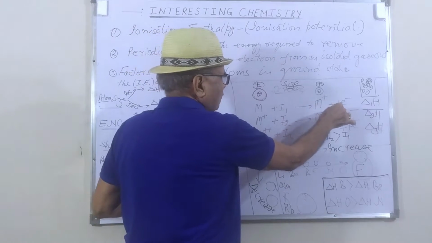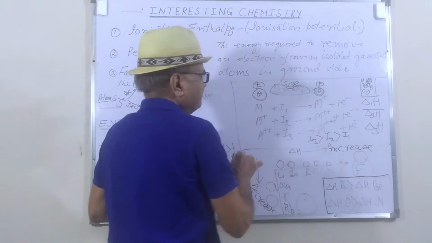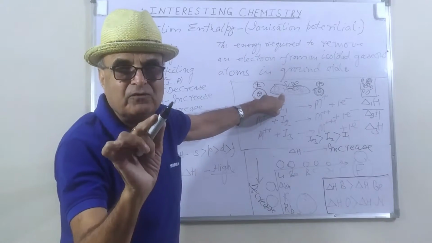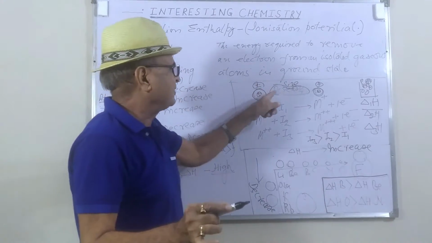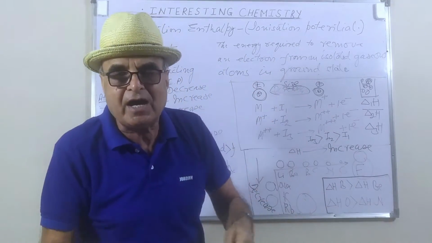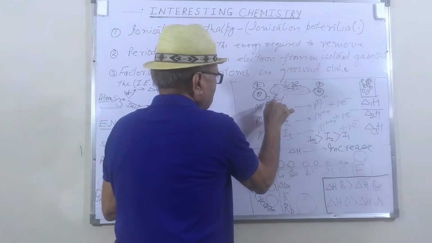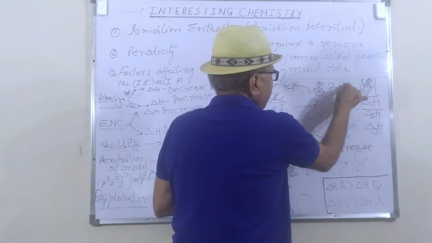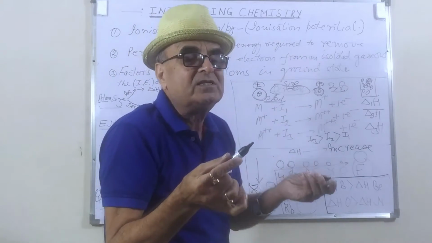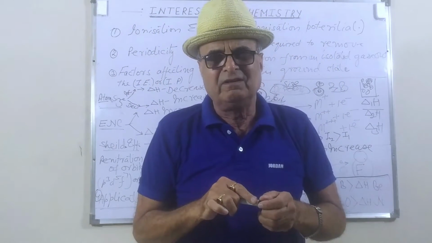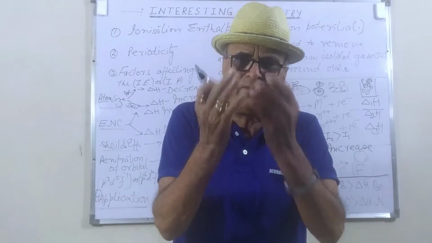When you remove an electron from the atom, the size of the atom will decrease, and the ENC, effective nuclear charge, will increase, because this is sodium with 11 electrons and this has 10 electrons, so the ENC will increase. I have explained this, but some students are unable to understand the ENC, so I am giving an example.